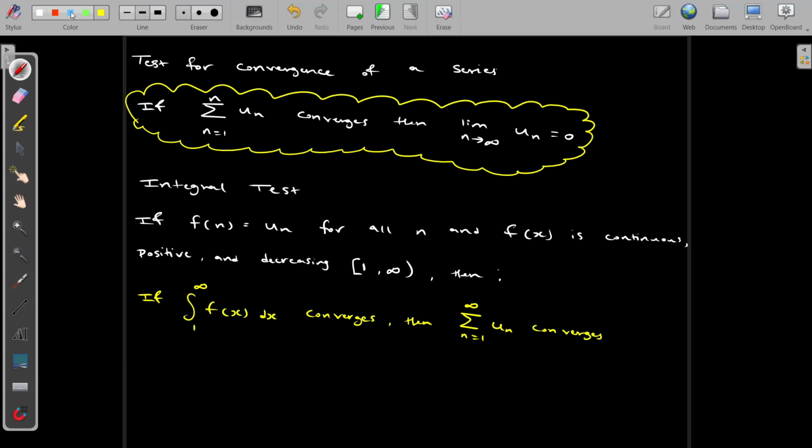And diverges is just, if this diverges, then the sum of that series would diverge. So it's the same condition, however, one diverges, one converges.